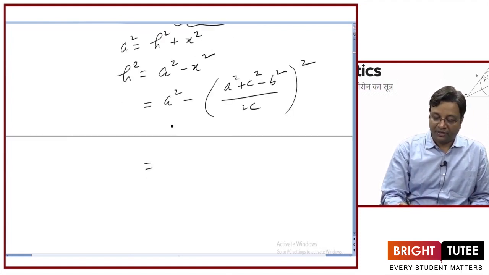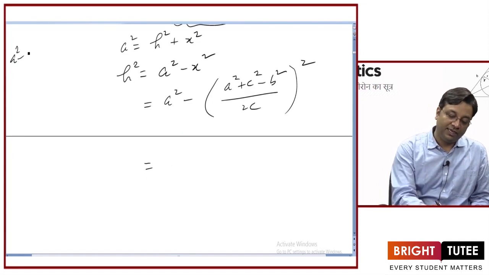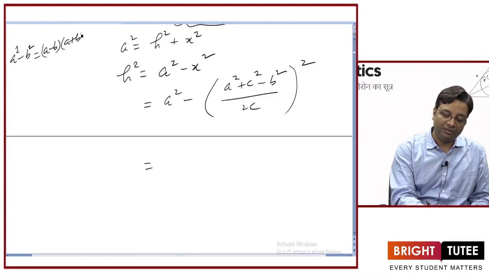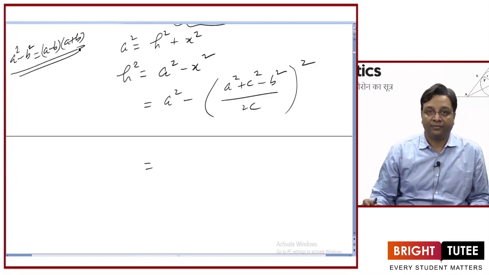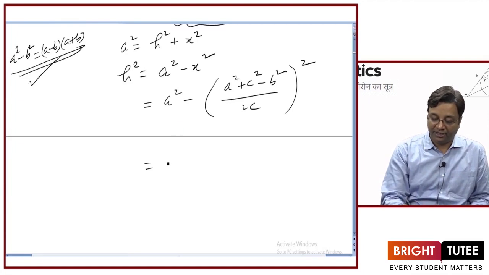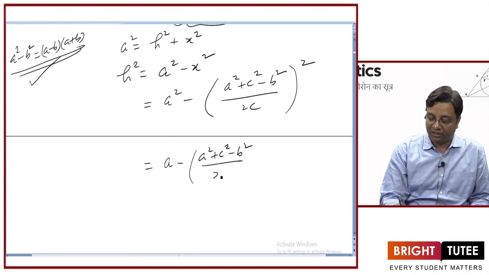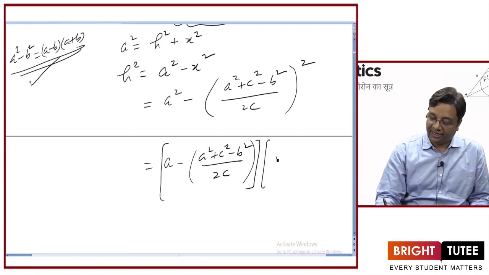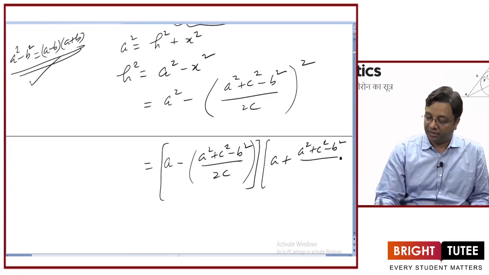Now this is of the form a square minus b square, which is a minus b into a plus b, right? So, we will use this formula here and we can write it like this: a minus a square plus c square minus b square by 2c, and then a plus a square plus c square minus b square by 2c.